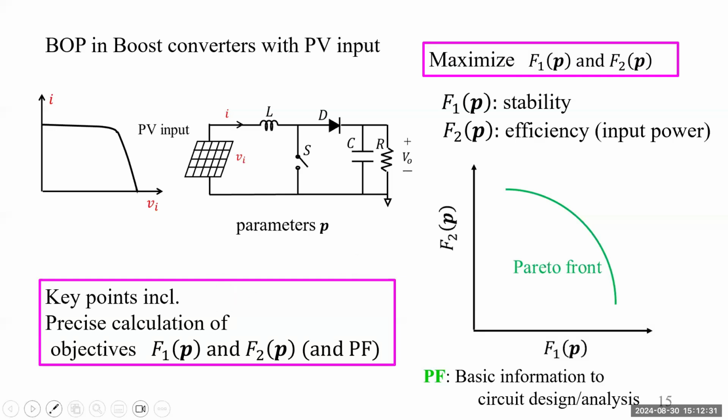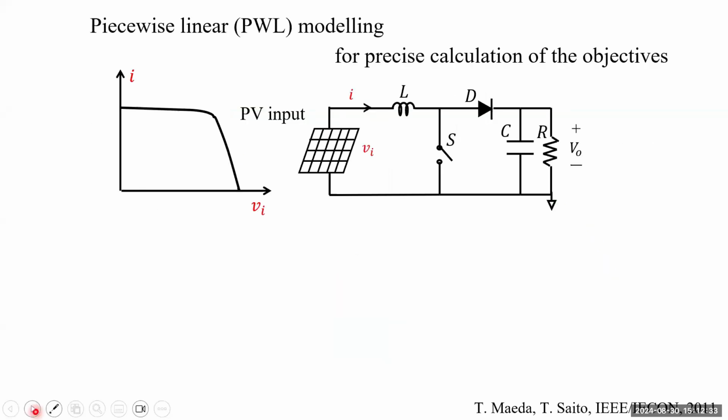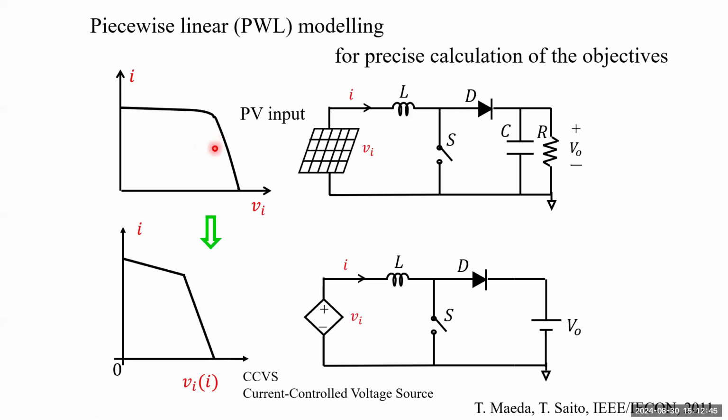Then the precise calculation of the objectives and the Pareto front is not easy. Then we apply piecewise linear modeling for precise calculation of the objectives. First, we simplify the input voltage-current characteristic to a two-segment piecewise linear function. Then we replace the PV input with a current-controlled voltage source.